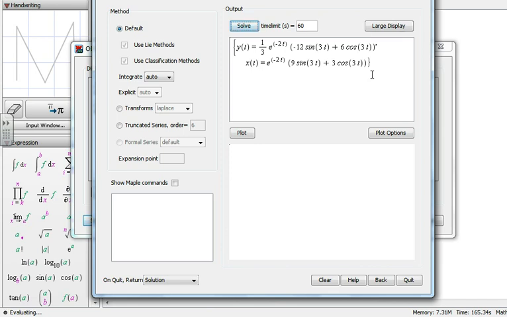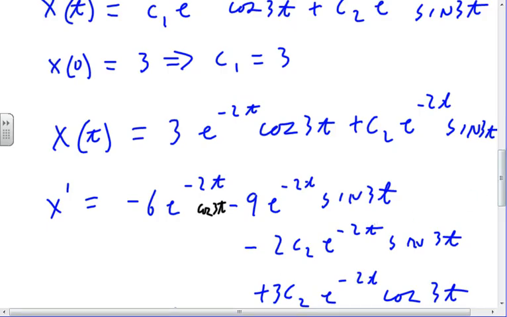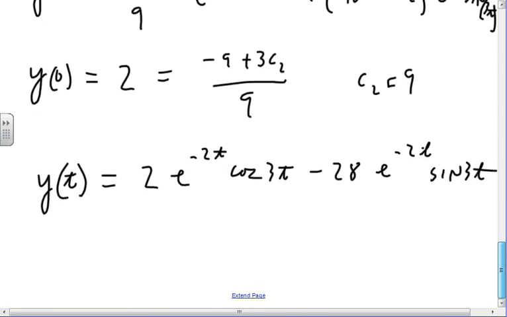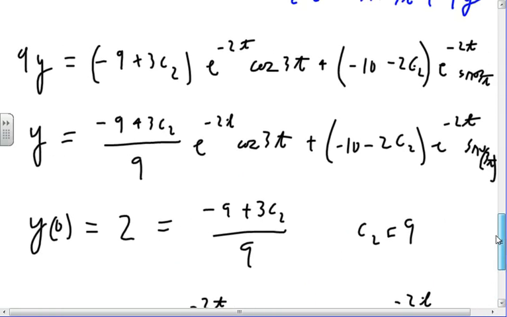Now y of t is supposed to be 2 cosine minus 4 sine. Is that what we have? Oh, bummer. That's not what we have for y of t. So we got x of t right, but somehow, getting the right constant, C2 is 9, we ended up getting the wrong number.